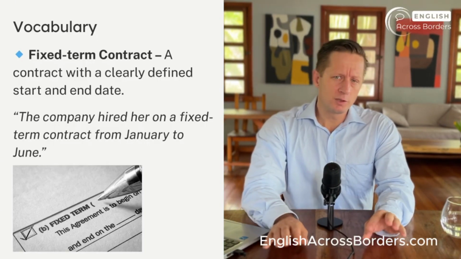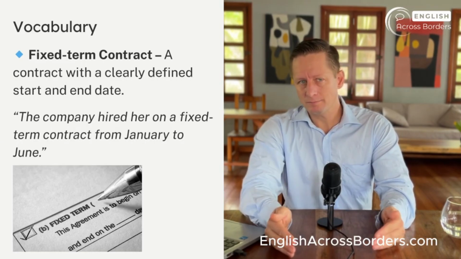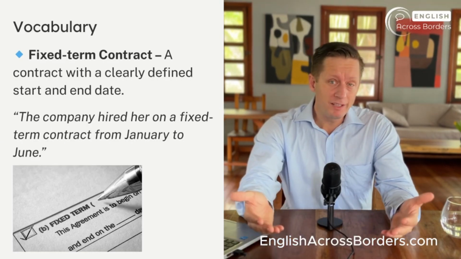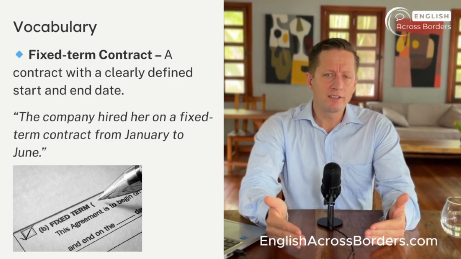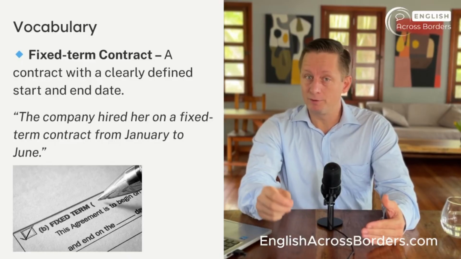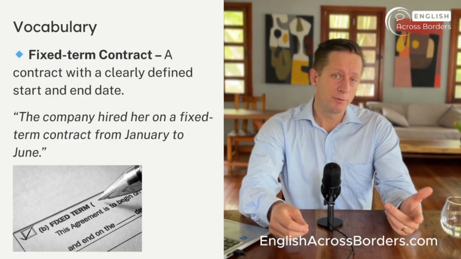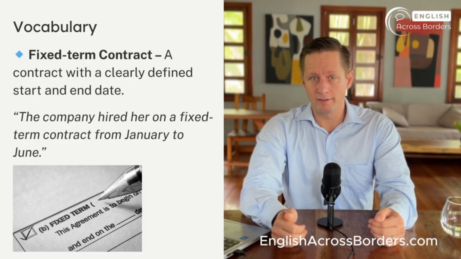The law also requires a clear reason for the contract's limited duration, like a temporary replacement or a special project. Understanding fixed-term contracts helps lawyers explain employment terms clearly and helps clients avoid misunderstandings or legal risks.